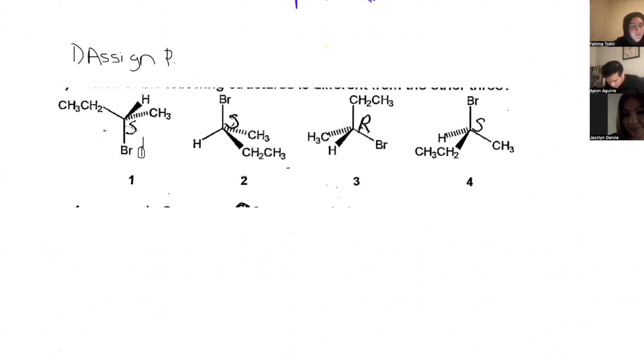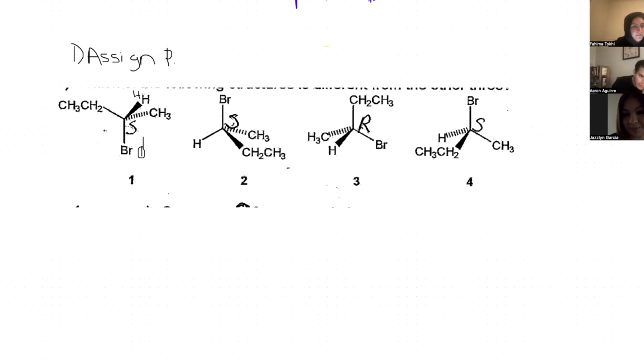I already know hydrogen is my fourth. And then the ethyl comes before the methyl, right? It's a higher priority. Oops, that's supposed to be a two, not a three.